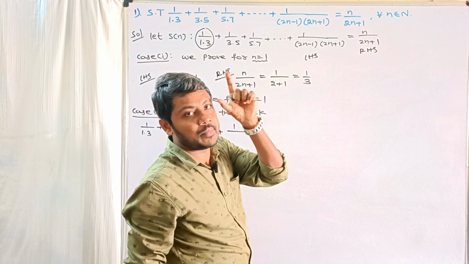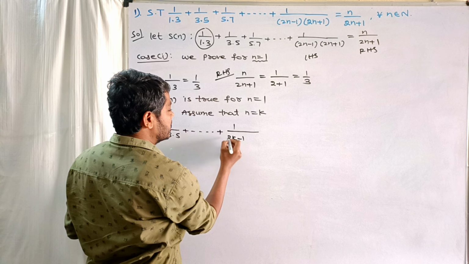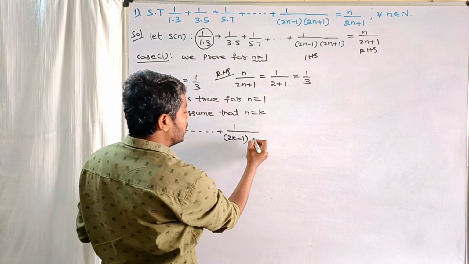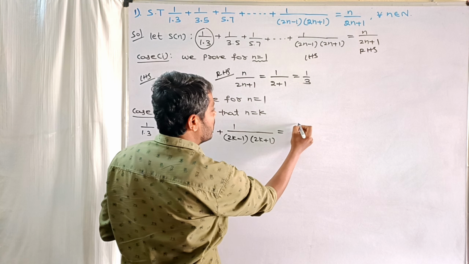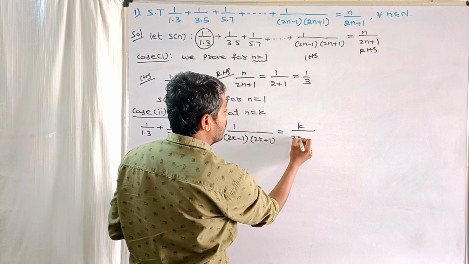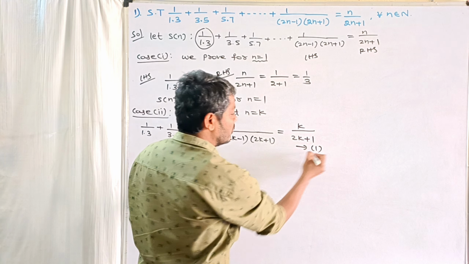Just replace n by k here. 2k minus 1 into 2k plus 1, which is equals to k by 2k plus 1. So this is equation 1.